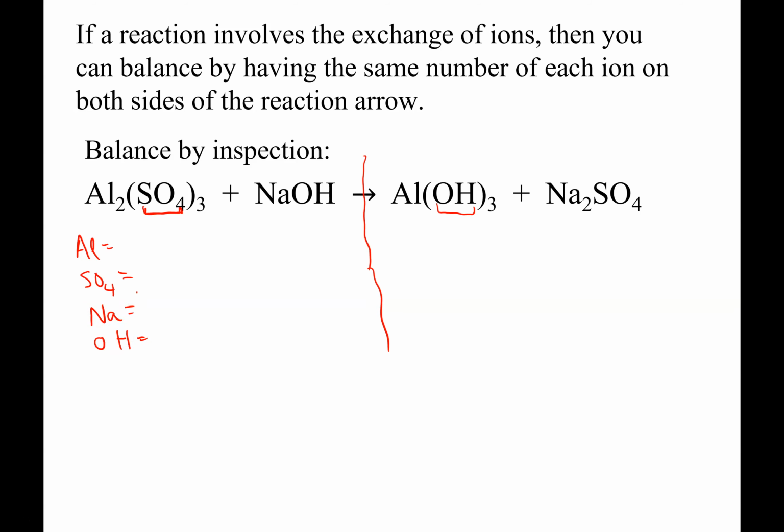So the thing that's different about this problem is I'm leaving SO4. I see SO4 here. I see SO4 here. I see OH here. I see OH there. I'm leaving it as an entity. So on the reactant side and the product side, I need to account for Al's, SO4s, Na's, and OHs. Okay, with that in mind, on the reactant side, how many Al's do I have? 2. How many SO4s do I have?